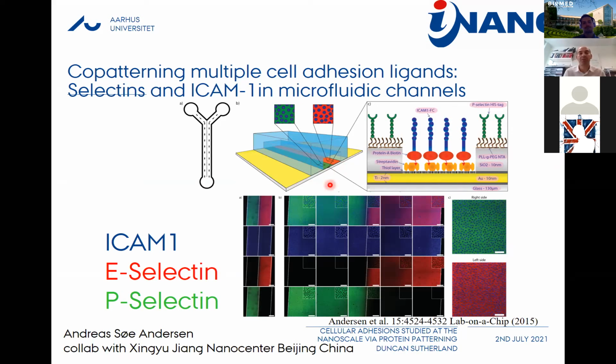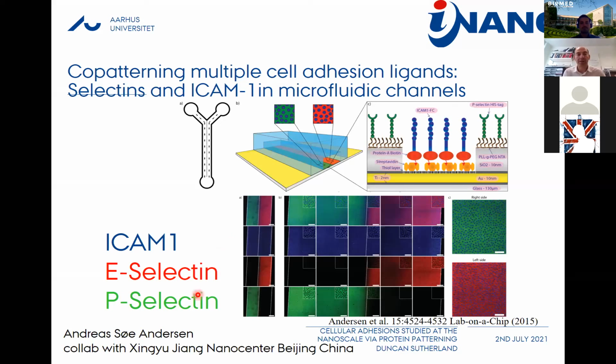In this work, we were working with E-selectin and P-selectin. These are relevant because the expression of E and P selectins changes when there's an inflammatory situation. That's one of the signals that a monocyte can use to tell when it should stop and leave the blood vessel.